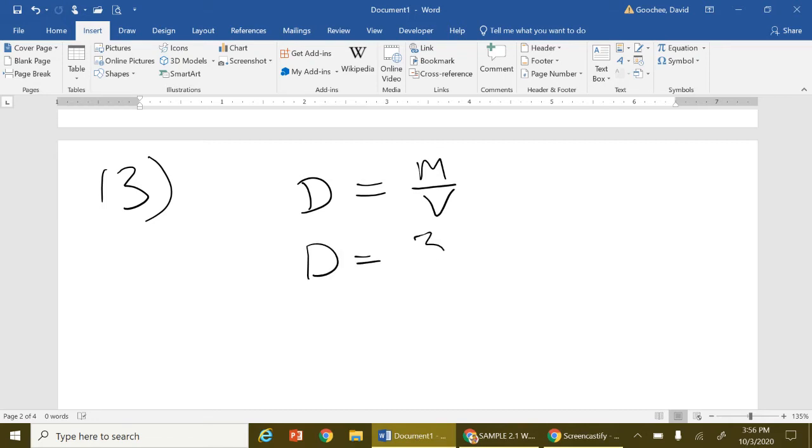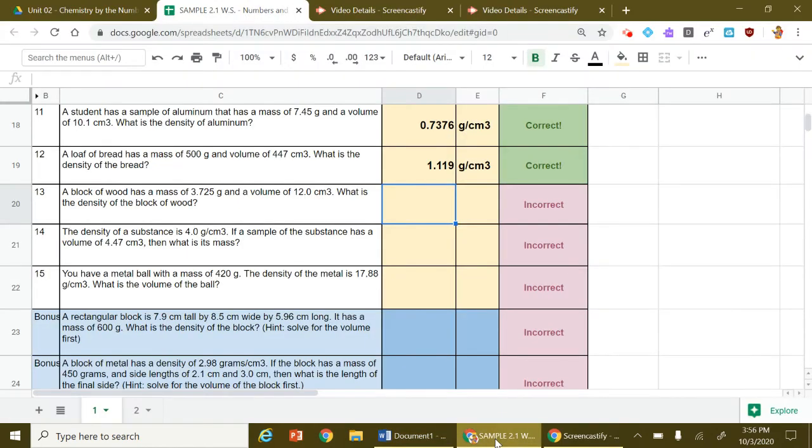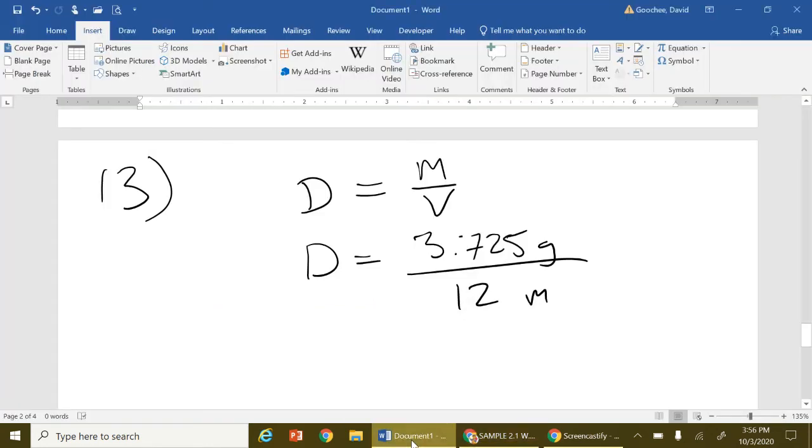The mass is 3.725 grams, and the volume is 12. Are they milliliters or cubic centimeters? Cubic centimeters. I should have done milliliters for at least one of these, but we'll do cubic centimeters. They're actually the same thing, and I'll just put a C there.